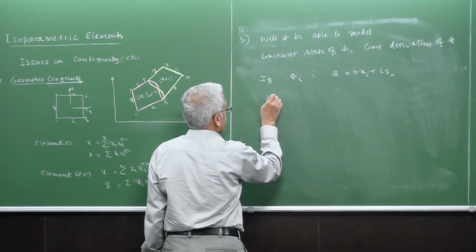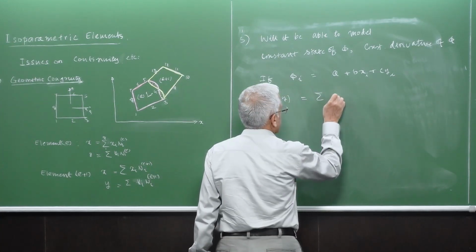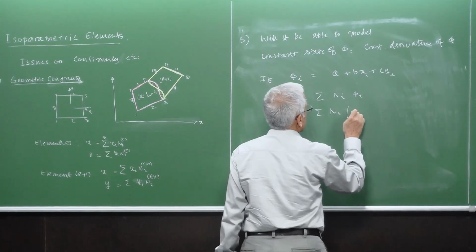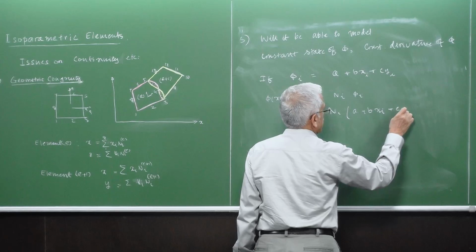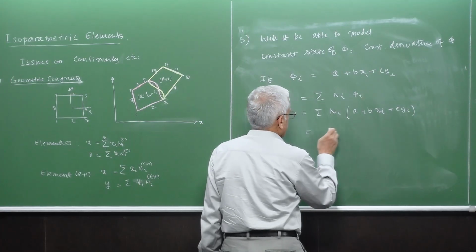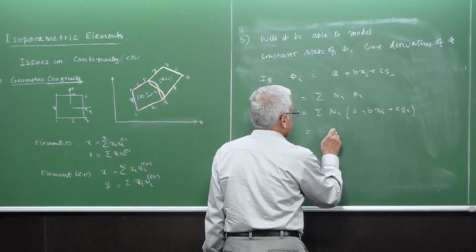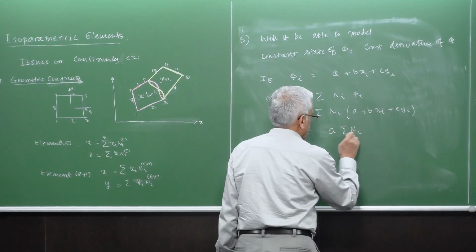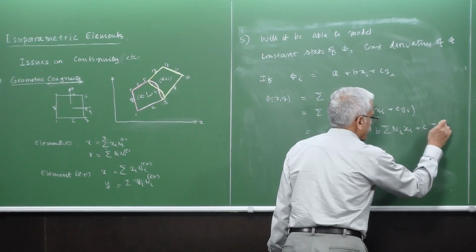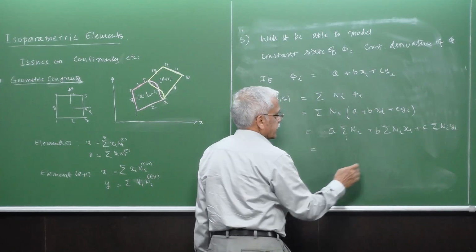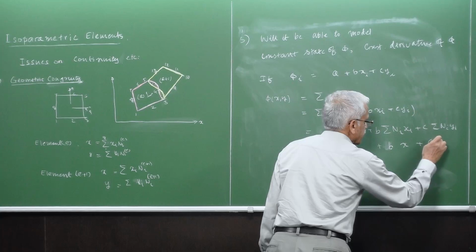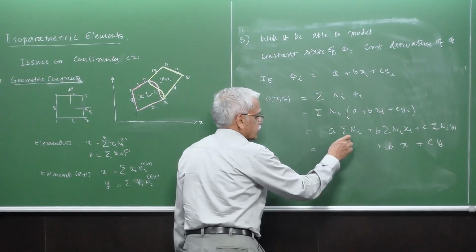If you look at phi of xy, which we write as sum of Ni phi I, and if we substitute this here, assuming we are giving these values for phi at all the nodes, then what we are going to get is a times sum of Ni, plus b times sum of Ni xi, plus c times sum of Ni yi.